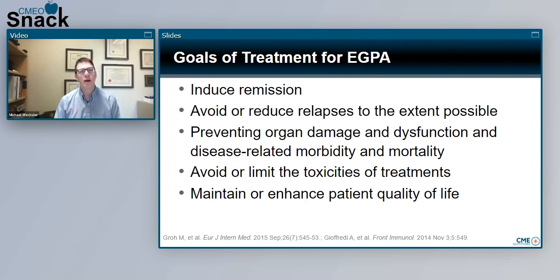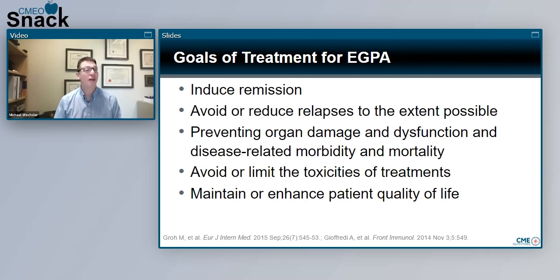And we also want to try to avoid and reduce any potential for relapses in our patients, where patients need to have any additional therapies or increasing doses of corticosteroids for disease management. Obviously, for our patients, we want to try to prevent organ damage and dysfunction of any organ, as well as any related morbidity and mortality.